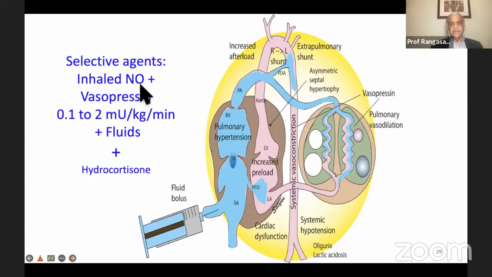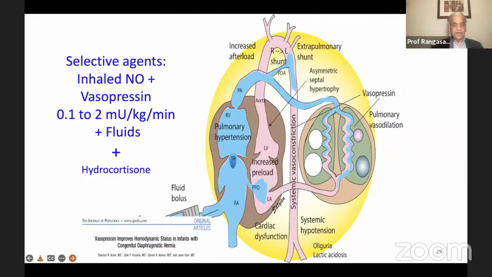Inhaled nitric oxide plus vasopressin, this is the dose used in some studies, 0.1 to 0.2 milliunits per kilo per minute. Vasopressin is ADH, so they may develop urinary retention and dilutional hyponatremia. So you want to watch sodium levels and decrease the fluid intake in anticipation of decreased urine output.